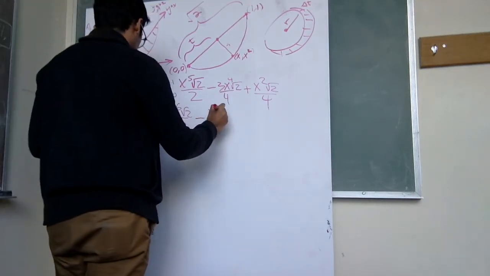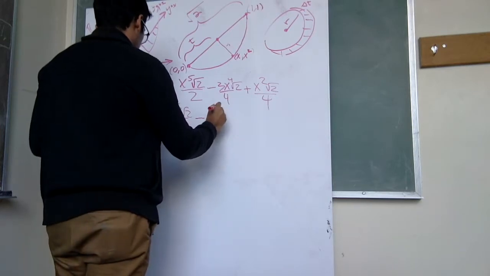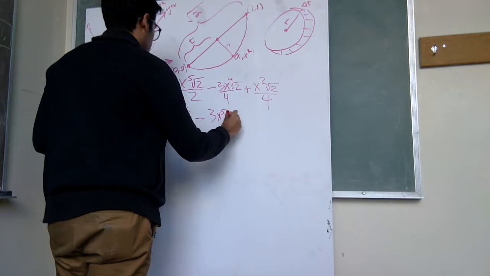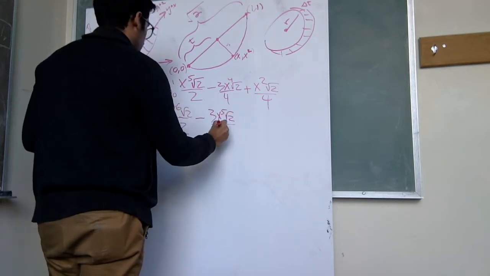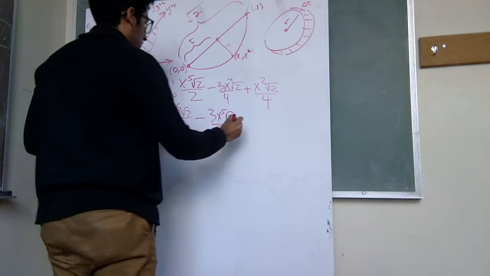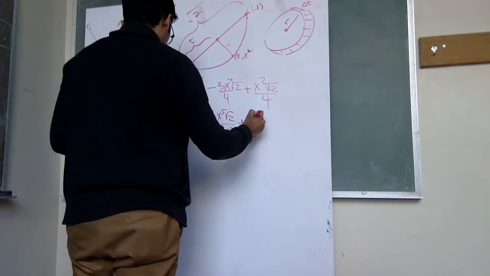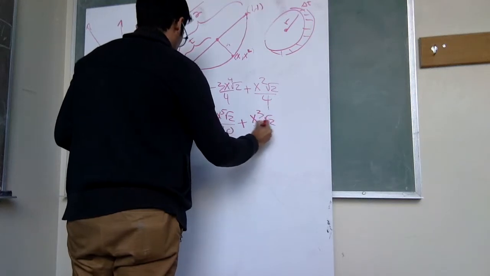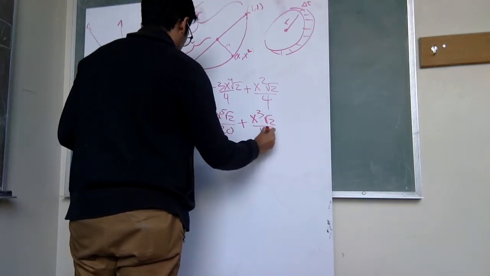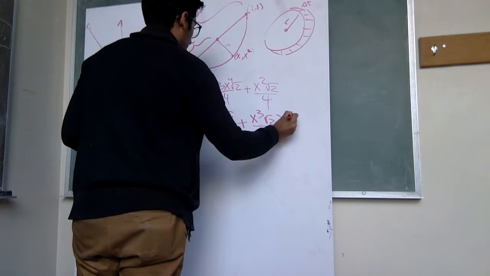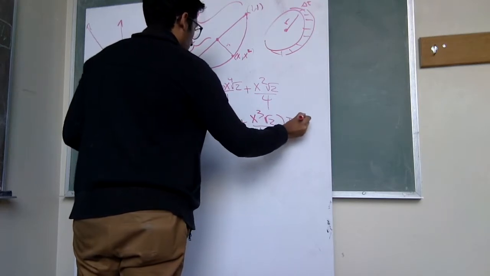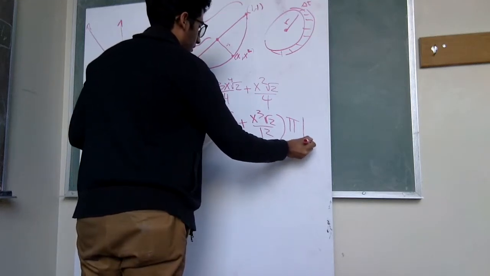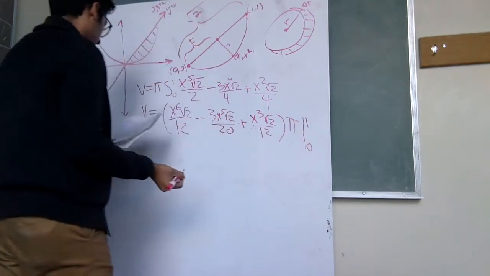It'd be 3x to the 5th square root of 2 over 20 plus x cubed square root of 2 over 12, and we times this all by pi. And now we can finally integrate it from the bounds at 0 and 1.